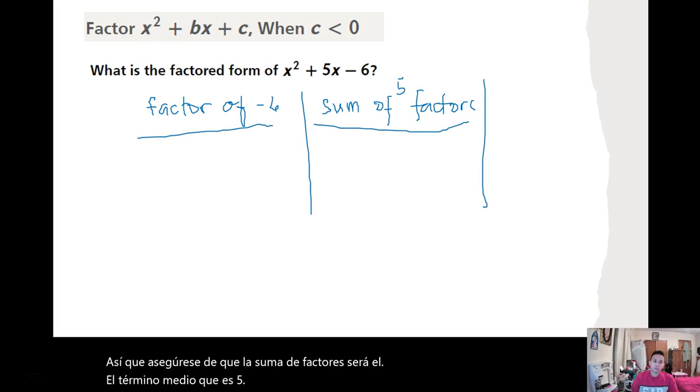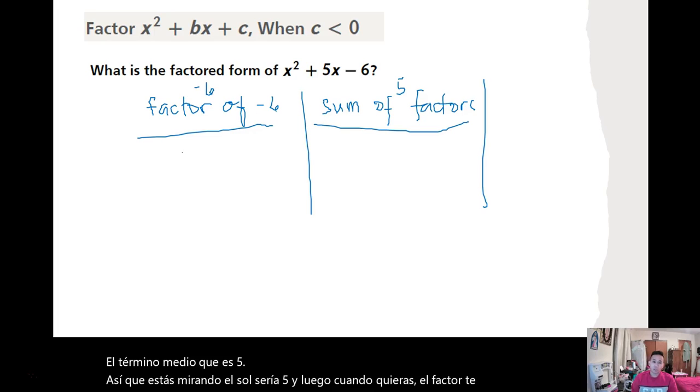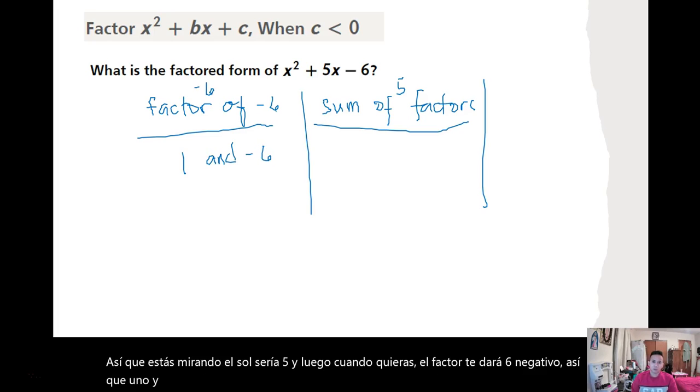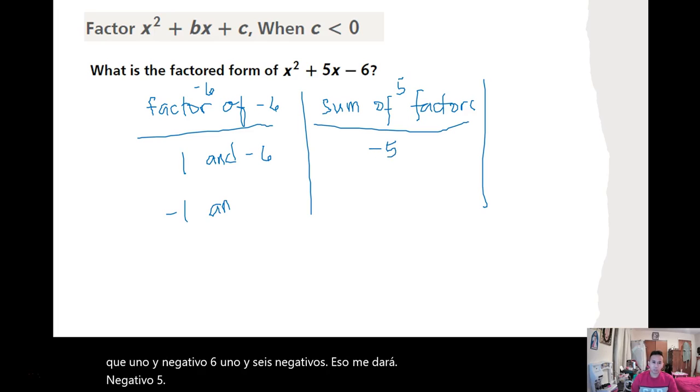So 1 and -6 will give me -5. So exchange that: -1 and +6. 6 minus 1 is +5. So we'll be using this one.